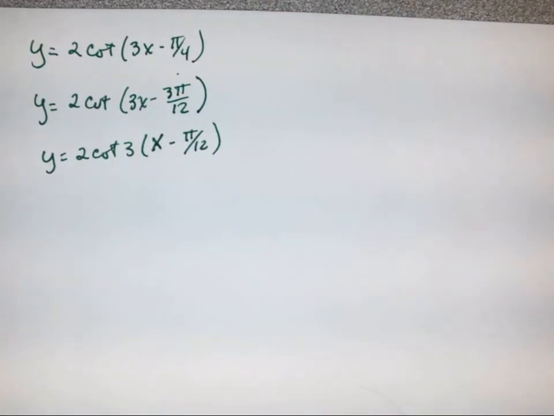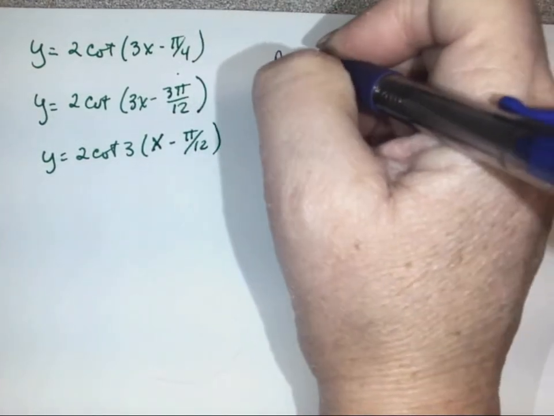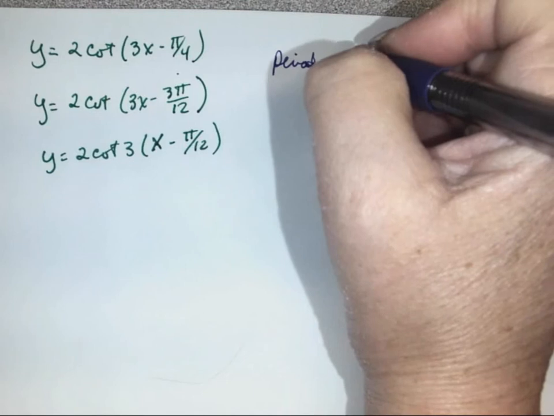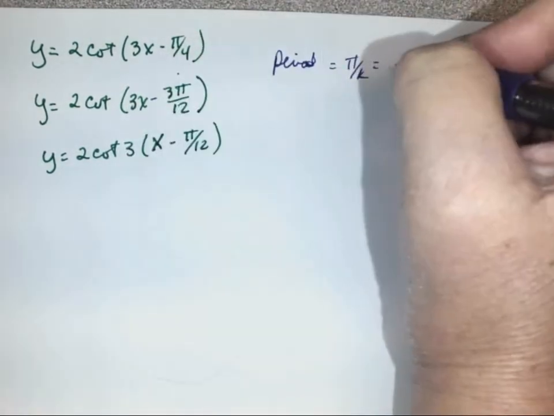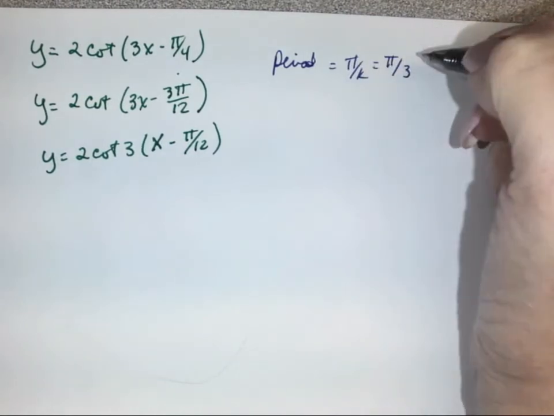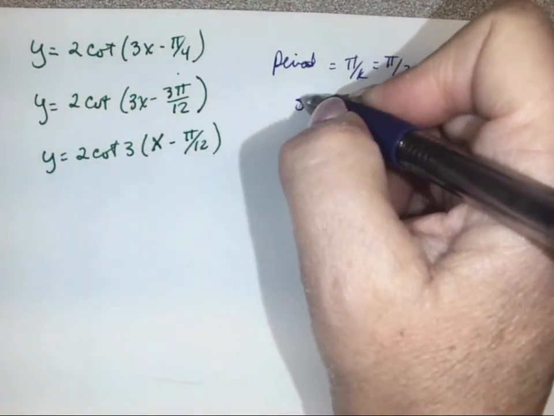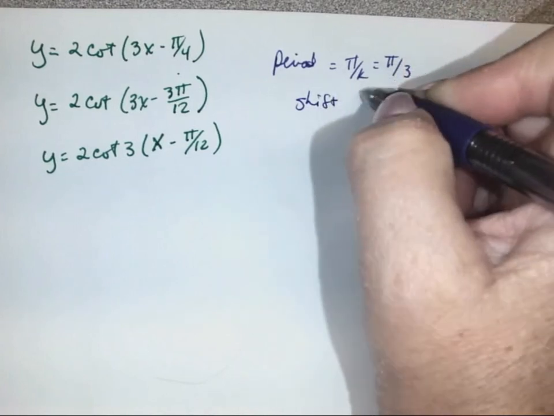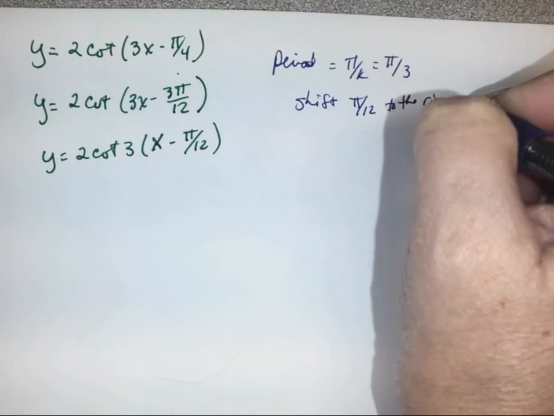So now I can find my period. My period would be equal to pi over k. Our k is 3, so it'll be pi over 3. And it's going to shift pi over 12 to the right.